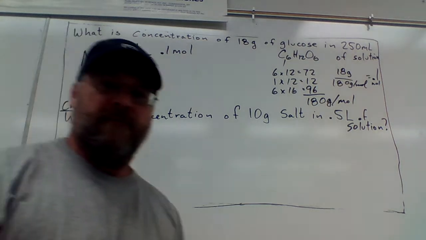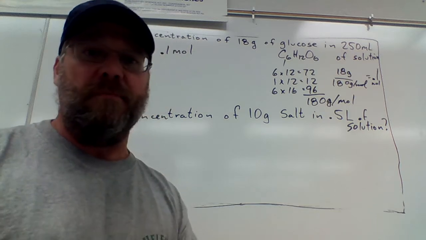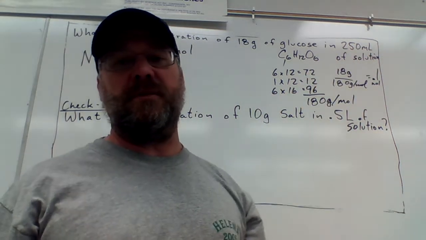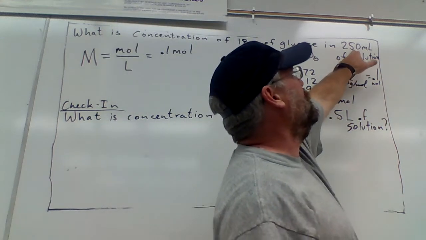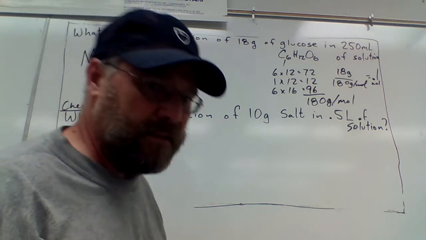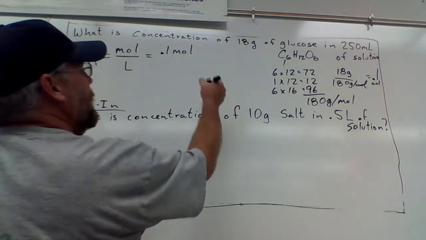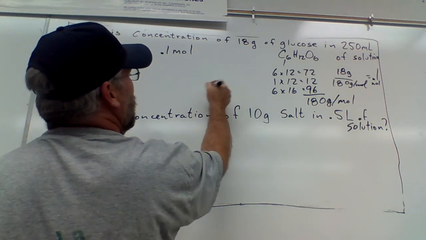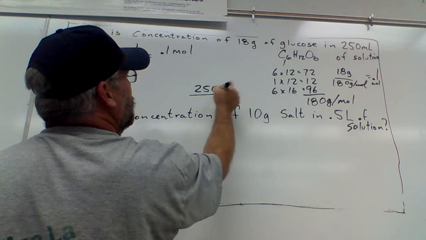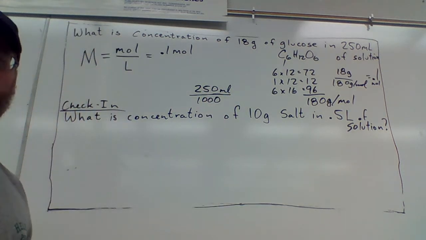Now, a very common way to write these questions is not with liters, but with milliliters. So what we have here is 250 milliliters. Most common mistake: you take that 250 and slam it in here for the liters. Doesn't work. You have to change milliliters to liters. Anytime we have milliliters, we have to divide by 1,000 to find the number of liters.